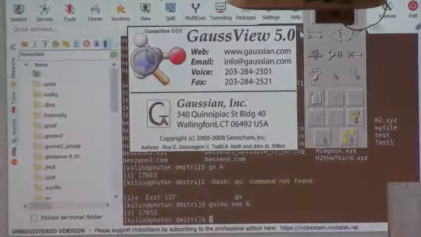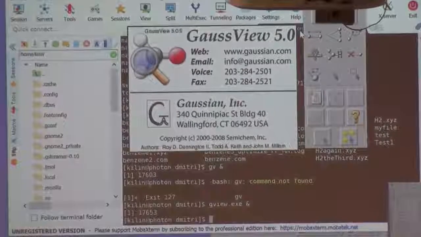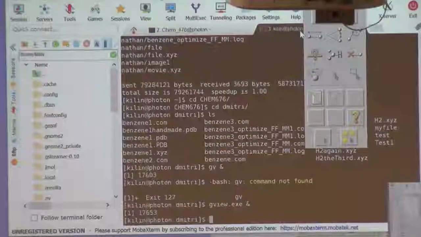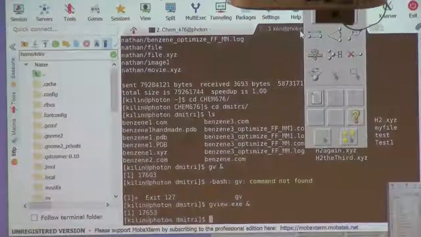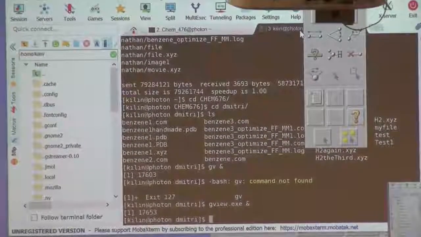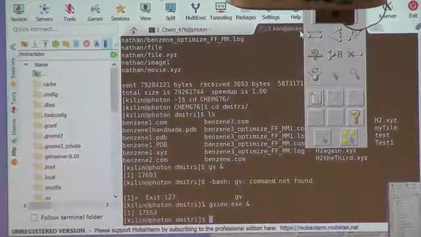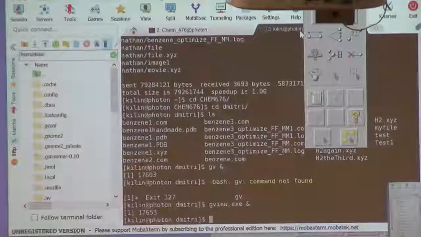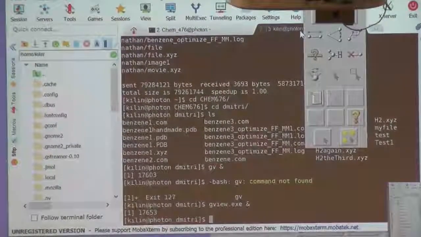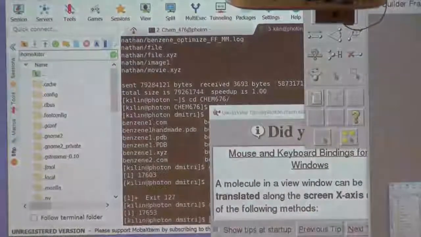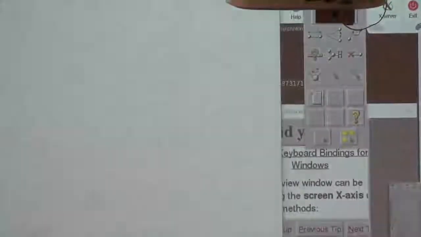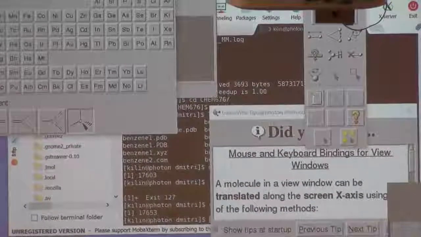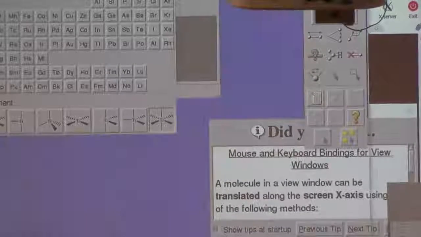And here, if you have forgotten how to launch the GUI interface, you put in the same thing.